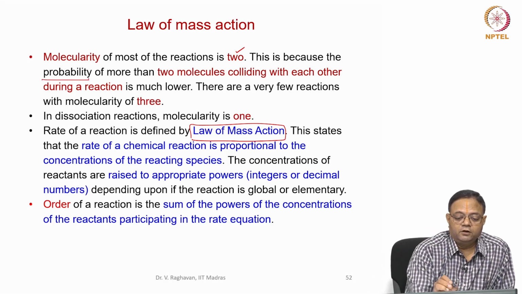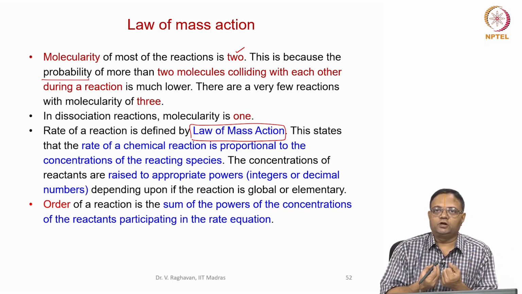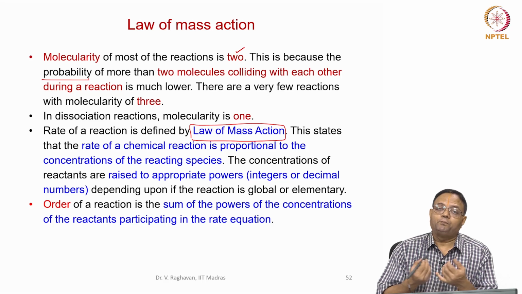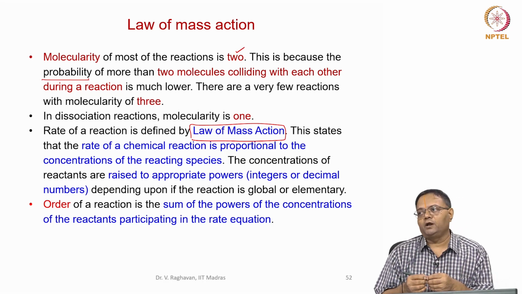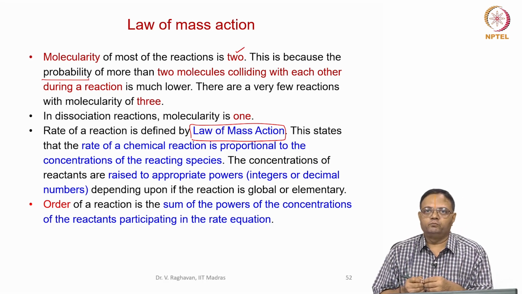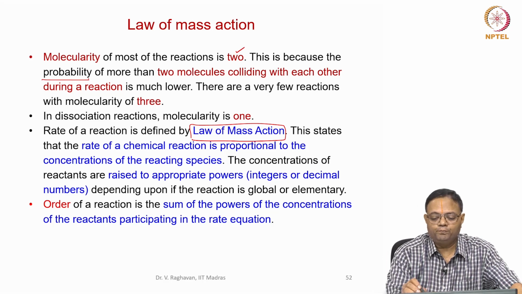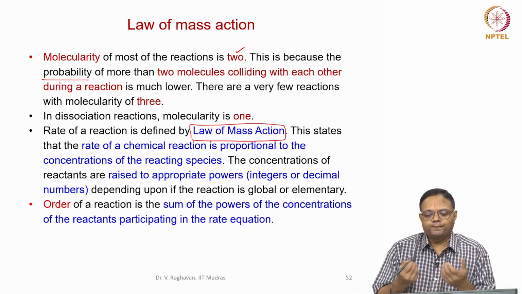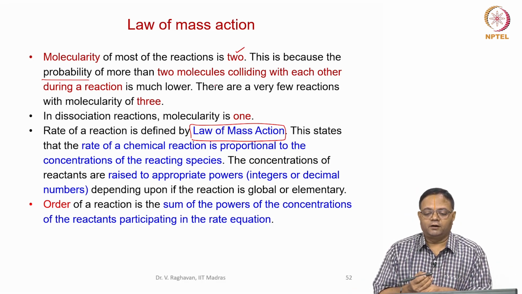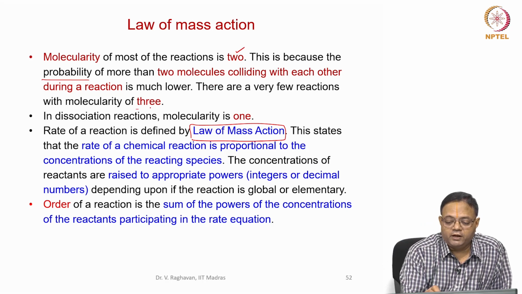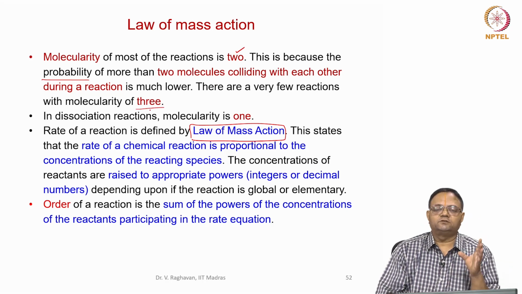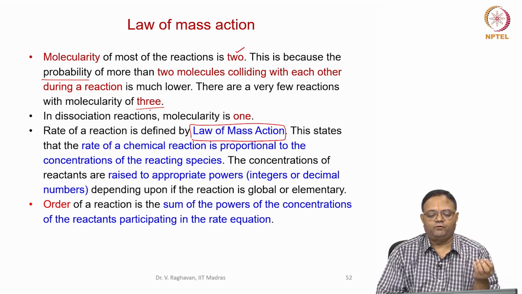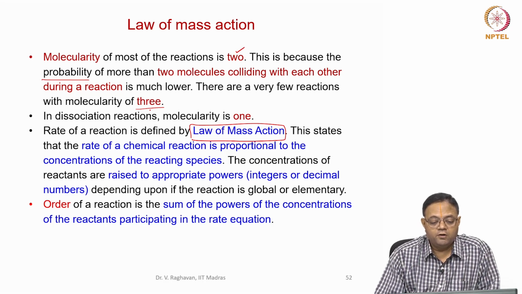The energy of collision, the orientation of collision, and the probability that the collision will lead to a possible reaction: these 3 are important. So, 2 molecules colliding occurs very often, but for 3 molecules only a few occurrences are there, say 5 or 6 reactions.